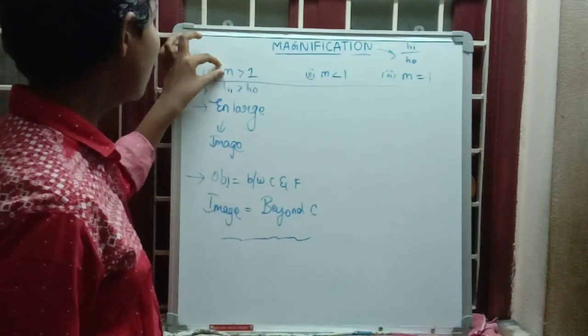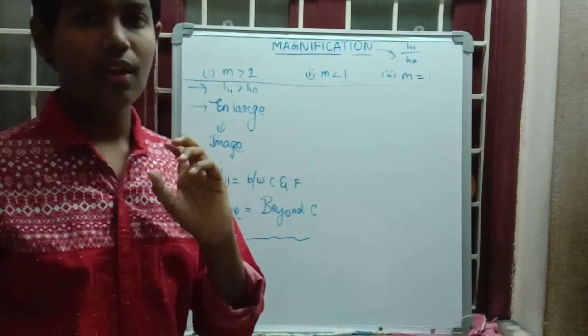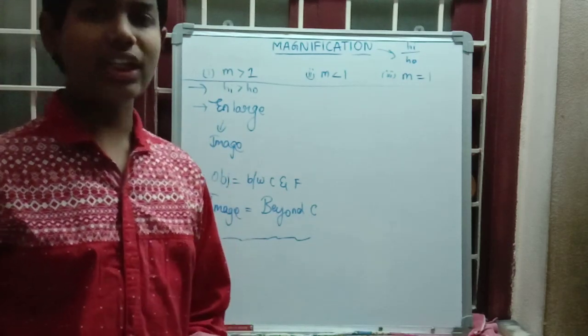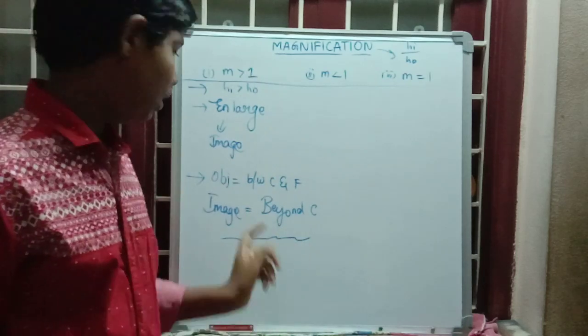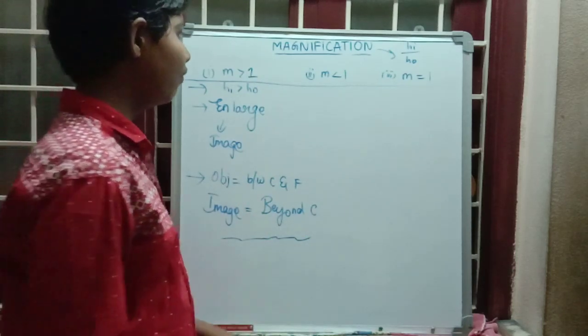So this is when magnification is, for example, plus 4. 4 is greater than 1, so we will apply this rule. So the image should be beyond C and the object is between C and F.